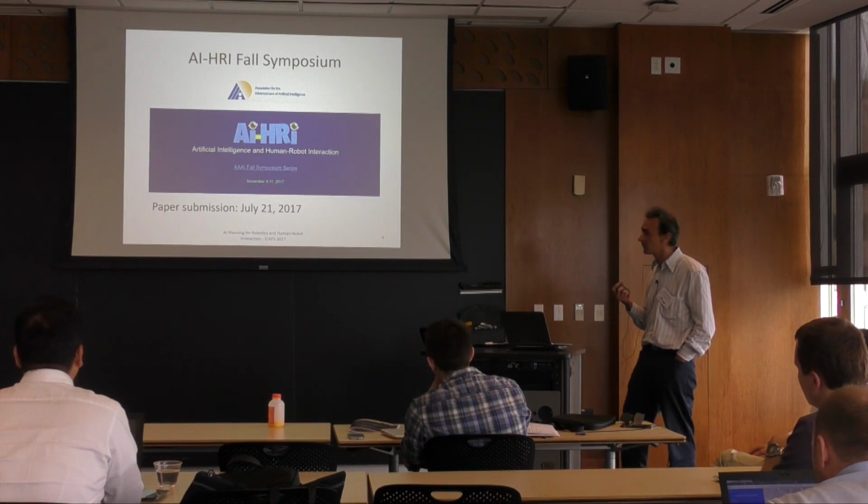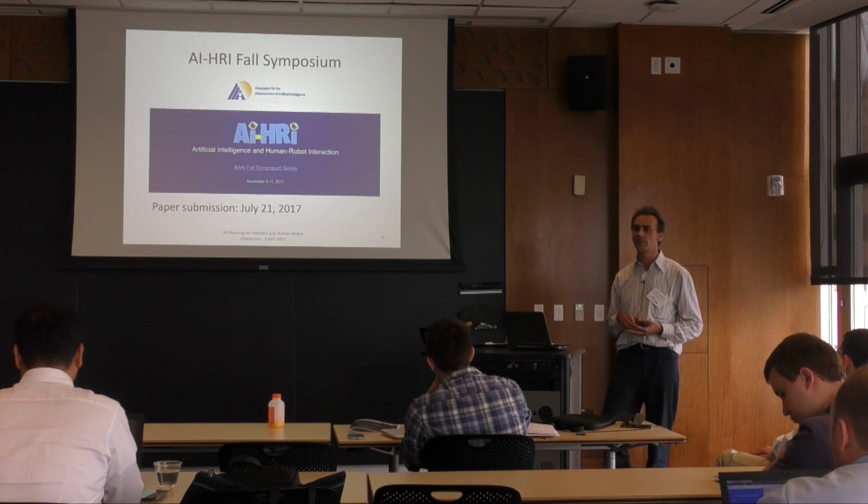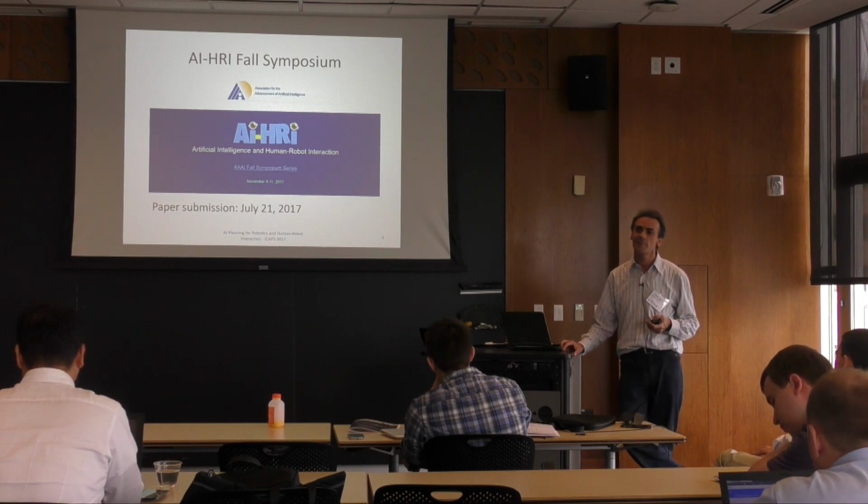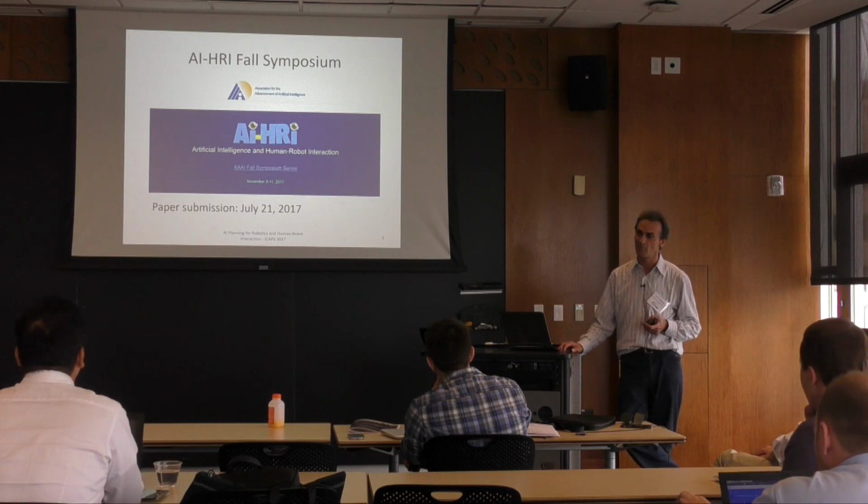And so this means that AI is very important for HRI, but at this moment we have a situation in which in the HRI conference there is very little AI, if at all.